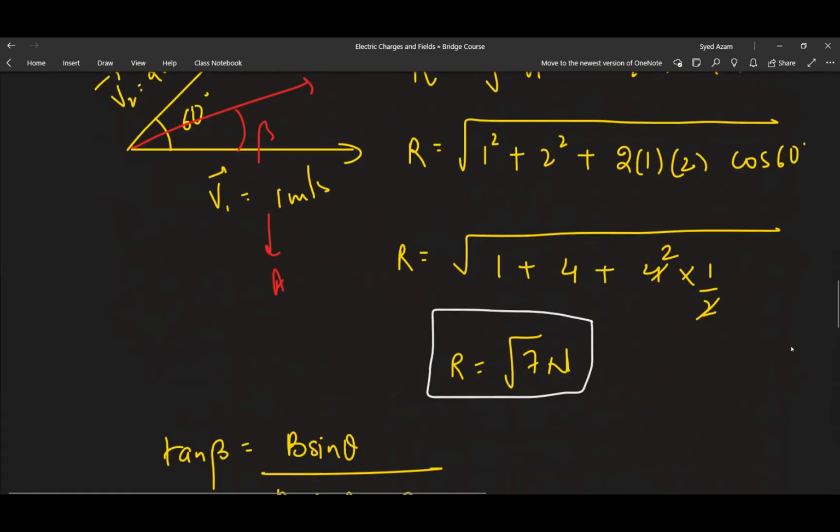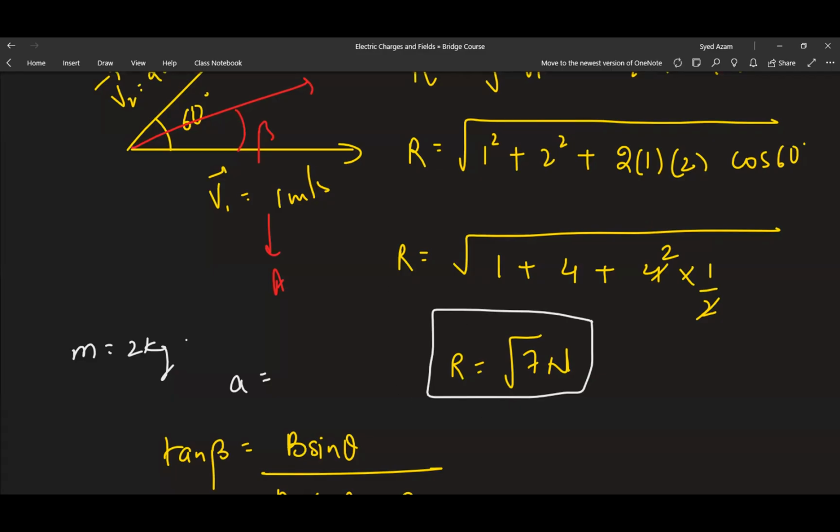So if this force acts on an object whose mass is 2 kg, the acceleration will be... If force is root 7 Newton, mass is 2 kg, acceleration should be 2 by root 7.